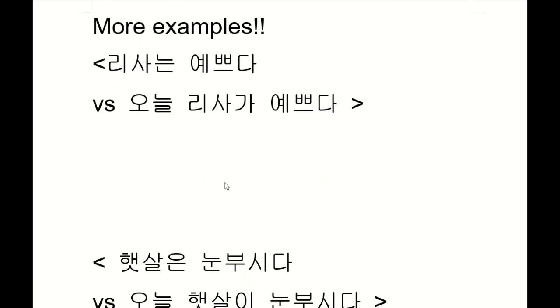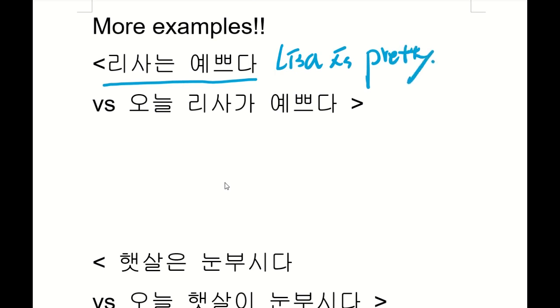And more examples. 리사는 예쁘다. So now I'm sure you get the difference. 리사는 예쁘다. Lisa is pretty. That's a general fact. There's no doubt that Lisa is pretty. That's just general information about her.